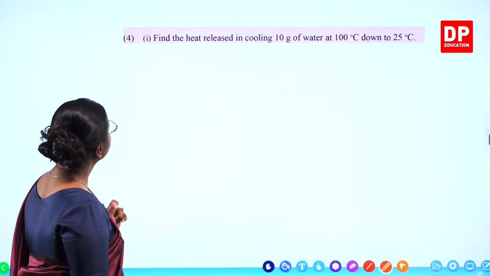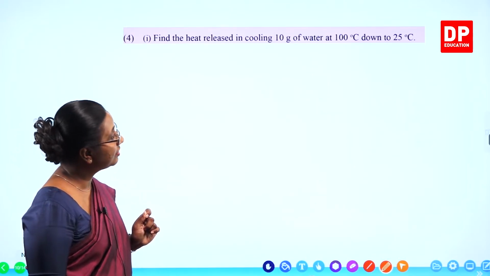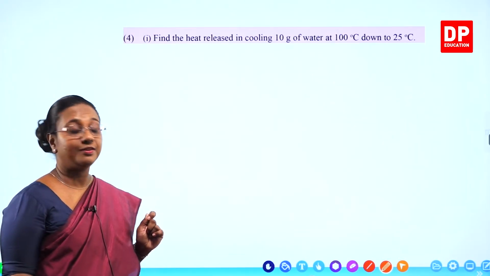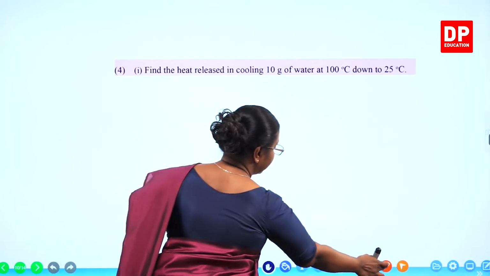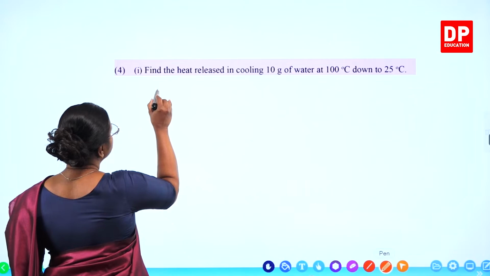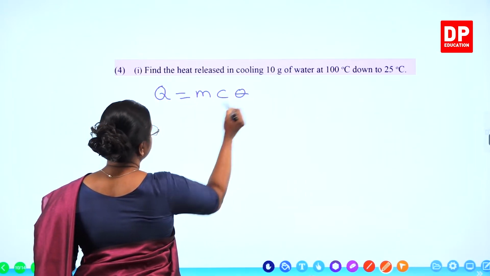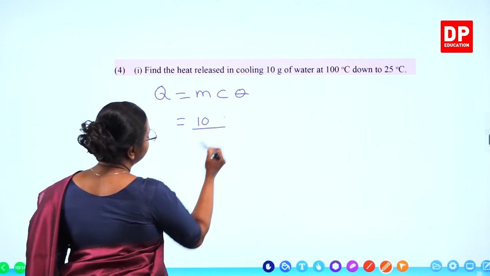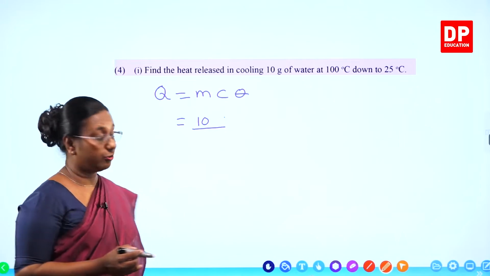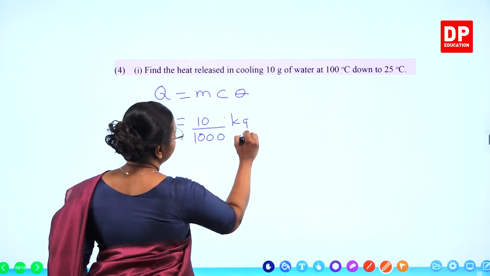The first one, find the heat released in cooling 10 gram of water at 100 degrees Celsius down to 25 degrees Celsius. So if we try to do that, you know the equation, heat is Q equals mc theta. So what is m here? 10 grams of water, but we need to convert it to kilograms. So we have to divide it by 1000 kilogram.